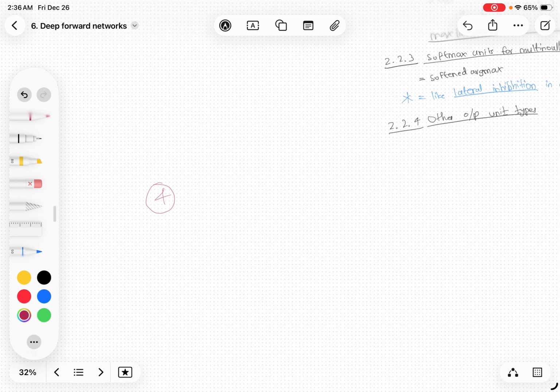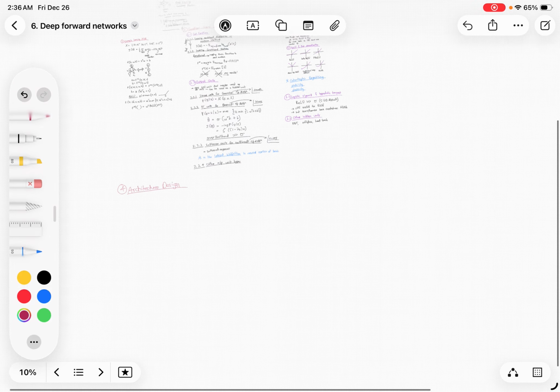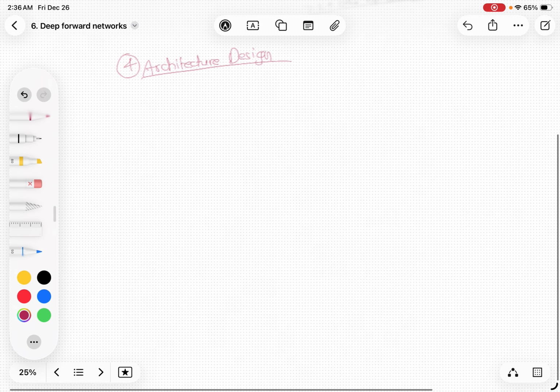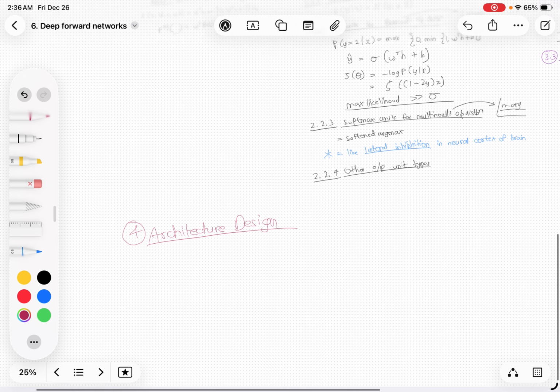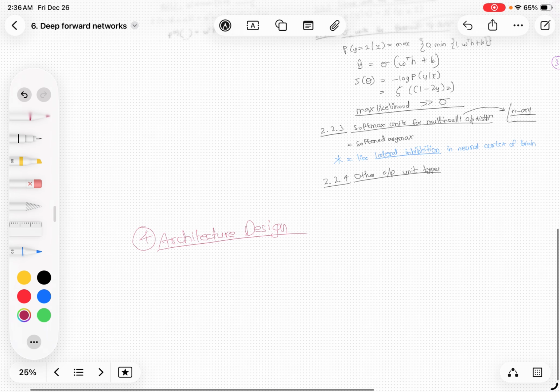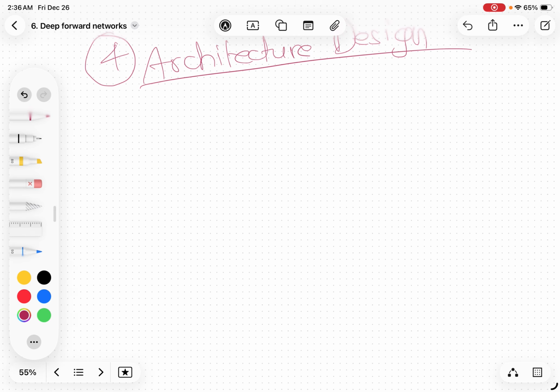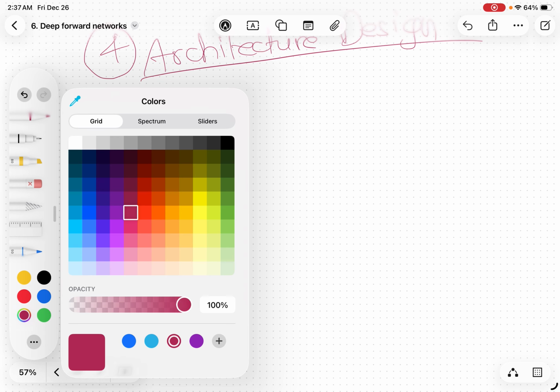Okay, so what about the architecture design? How do you go about designing these things? Again, you need to just mix and match, and there are some theories here.